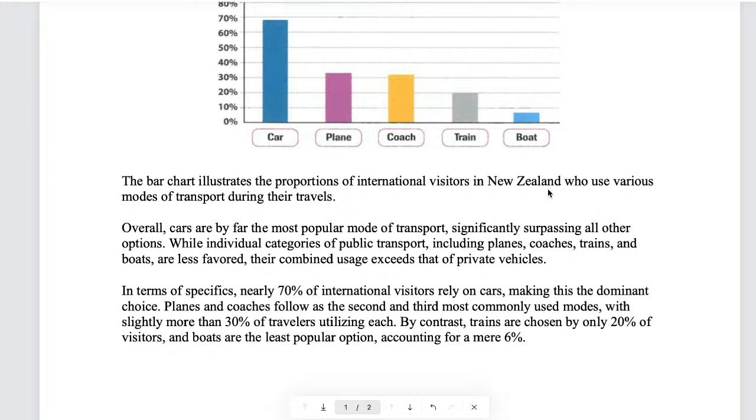And this is the ing form, but the base form is this, utilize, like this. Utilizing each. Travelers utilizing each.